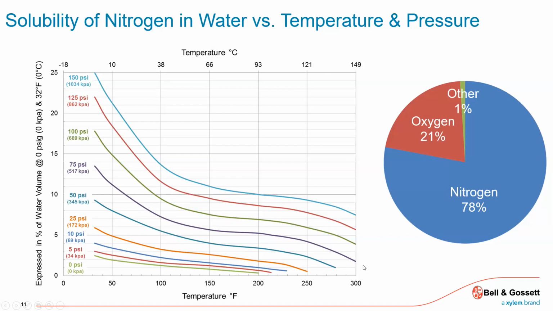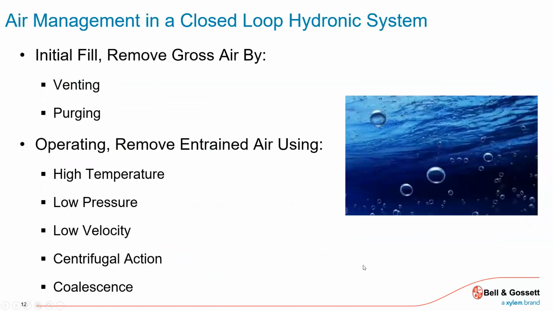Conversely, if I have a certain pressure, whatever that number is, 50 psi, as I heat the water, the amount of air that can be held in solution reduces as I increase the temperature. So in our hydronic system, as I heat the water, perhaps before the pumps, where I'm not seeing the pump pressure, I'm going to release a lot of air. And I want to have my air separating devices right there.